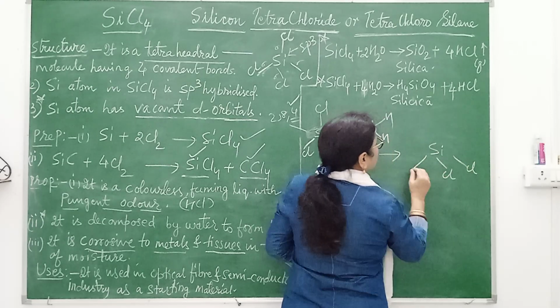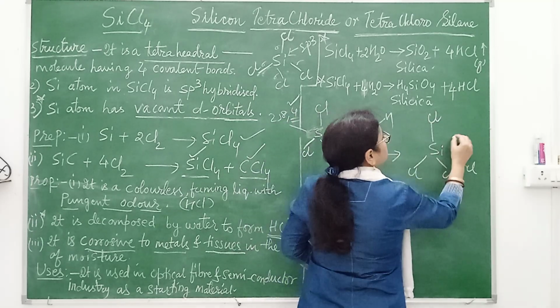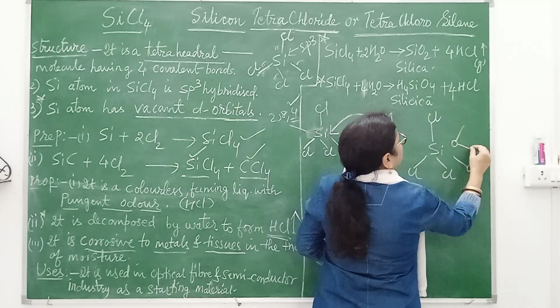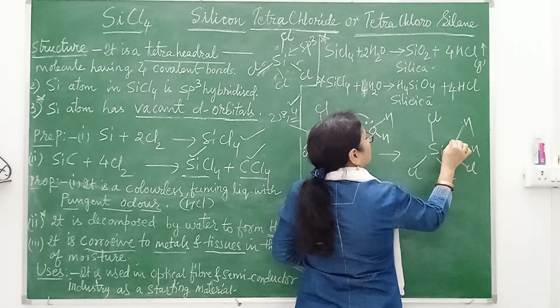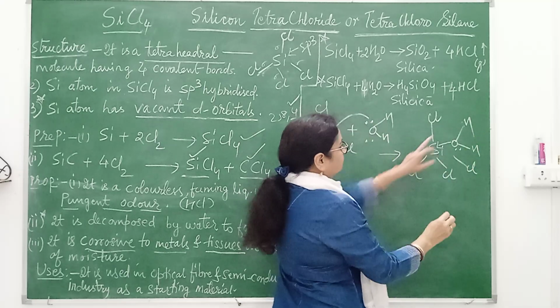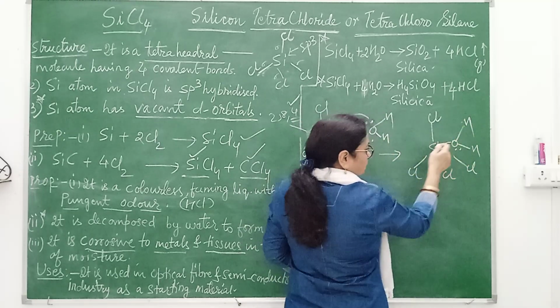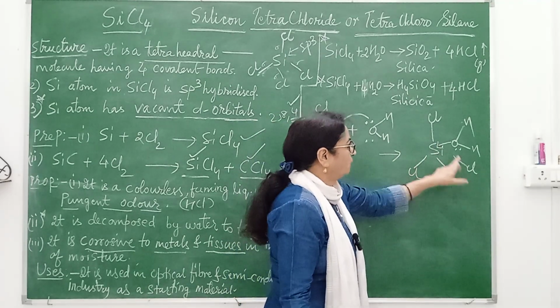These are old Cl bonds. This is also old Cl bond, and oxygen, that means water is written in this way. Oxygen donates the lone pair. It forms a bond here. Now here you can see after donating, the valency of silicon exceeds 1, 2, 3, 4, 5.